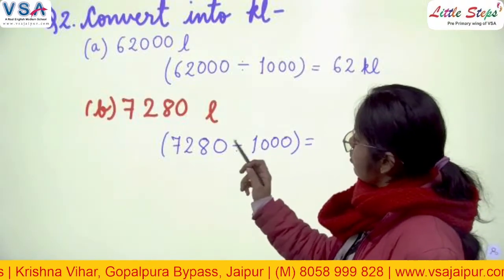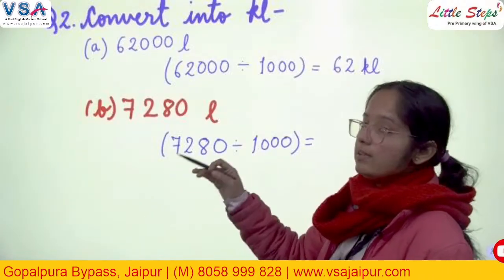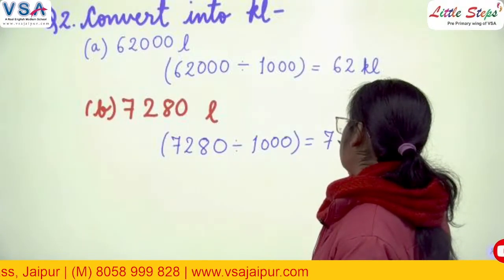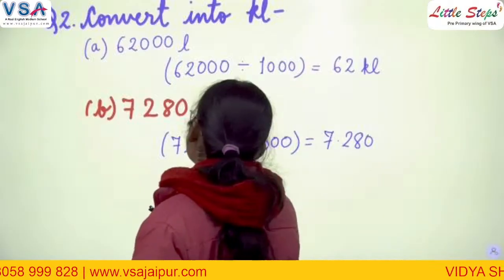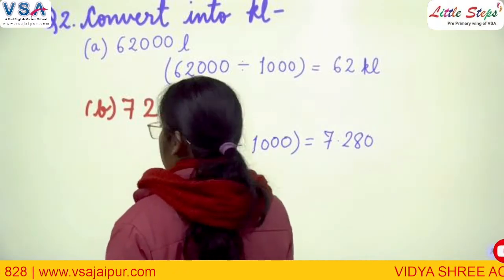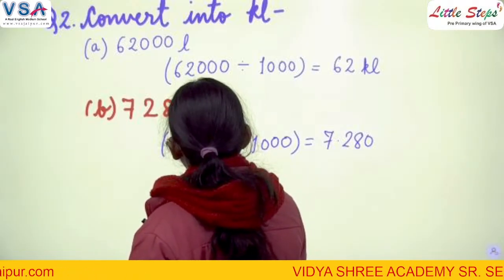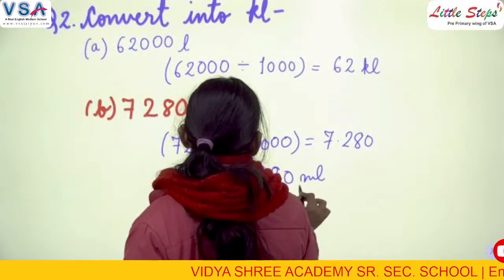We have 3 zeros. So we will put the decimal before 3 digits. 1, 2, 3. So it will be 7.280. What does this signify? This signifies nothing but 7 kiloliter and 280 liters.